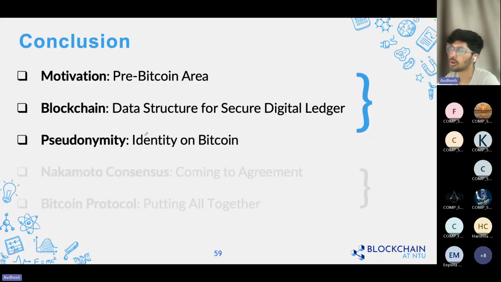So we covered the pre-Bitcoin era. We covered a bit of data structures, the hash pointers, and the digital ledger that has been created by digital signatures, and also the identity. Now I'll go through another presentation.